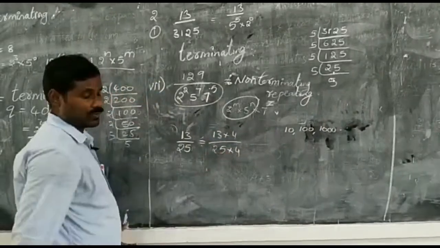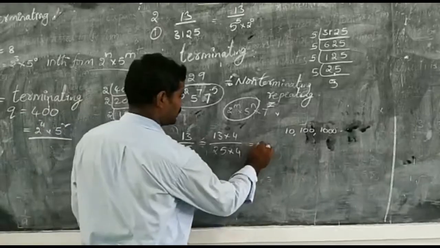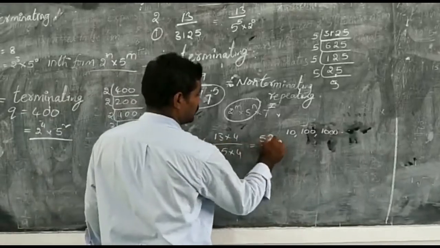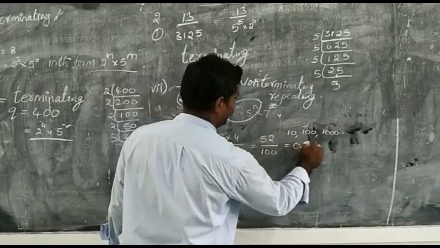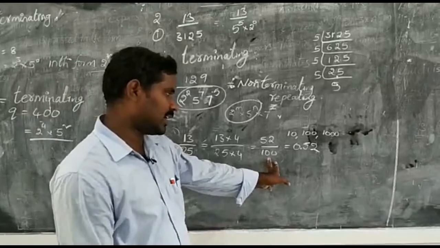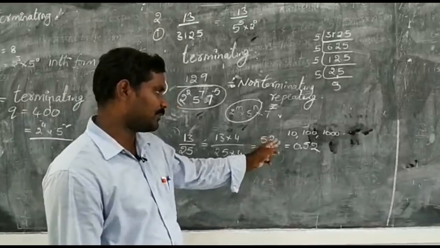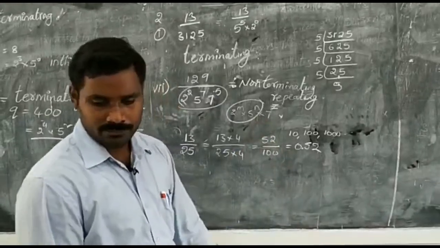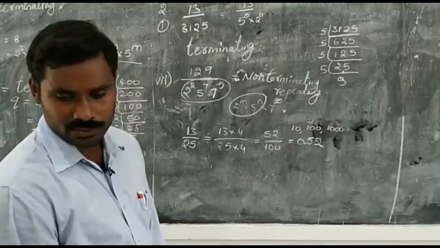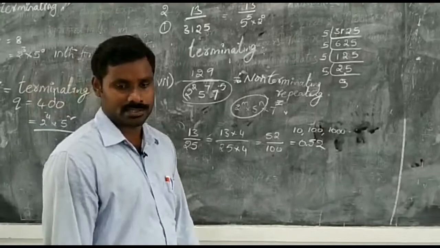Because 25 fours are 100. Now it is 100. 13 fours are 52. Just you have to write 0.52. With 2 zeros in the denominator, you give the decimal point before two digits. 0.52. And 15 by 16. Like that you have to complete the remaining 4 problems also.